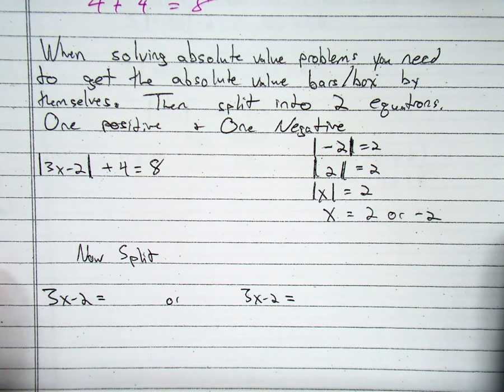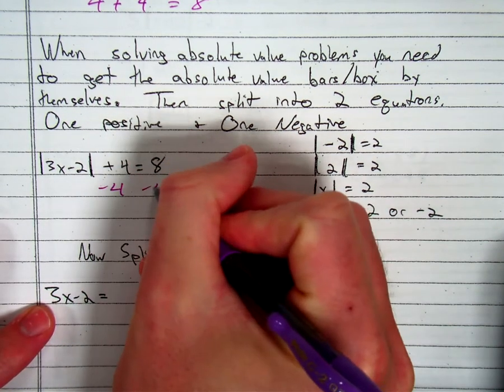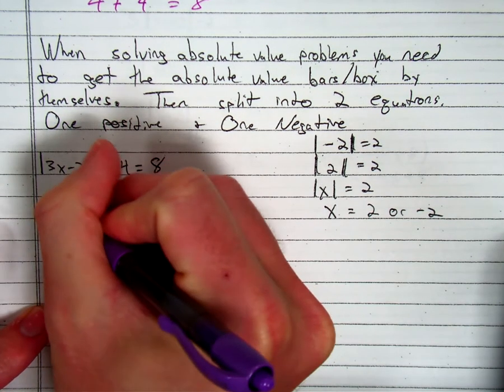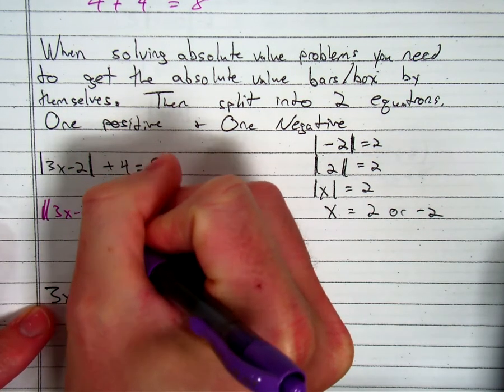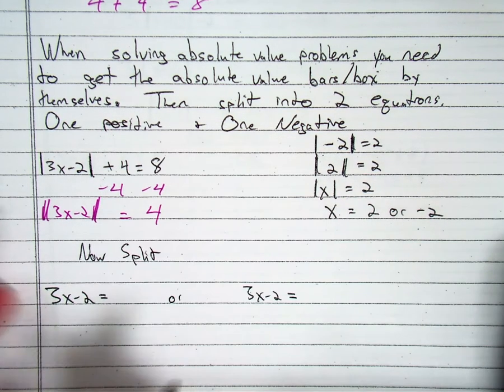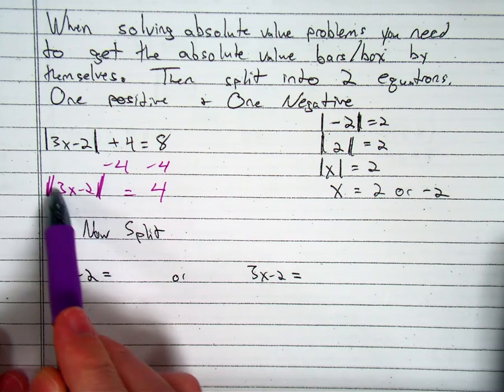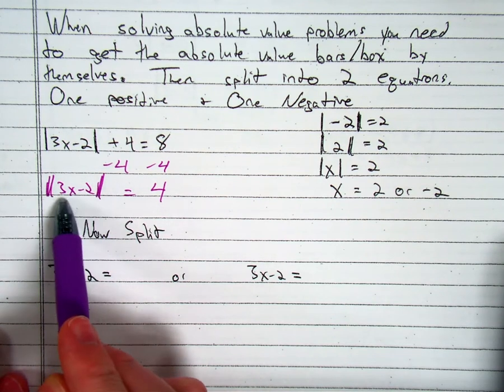So that's why we have to have two separate things. Let's see what we got here. We're going to subtract 4. So we have the absolute value of 3x minus 2 equals 4. So the absolute value of this mystery number in here is equal to 4.